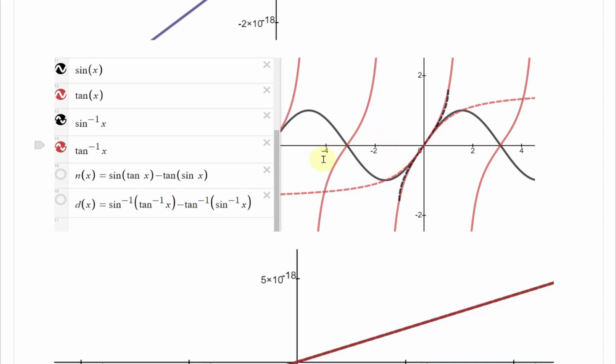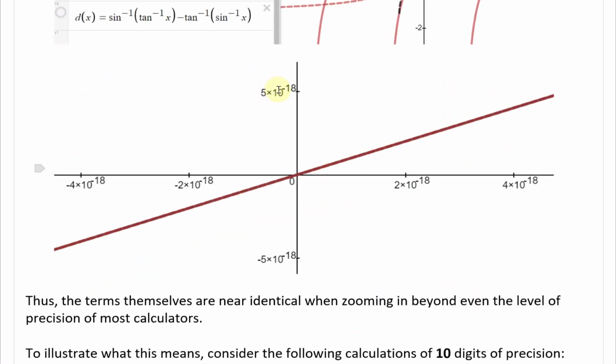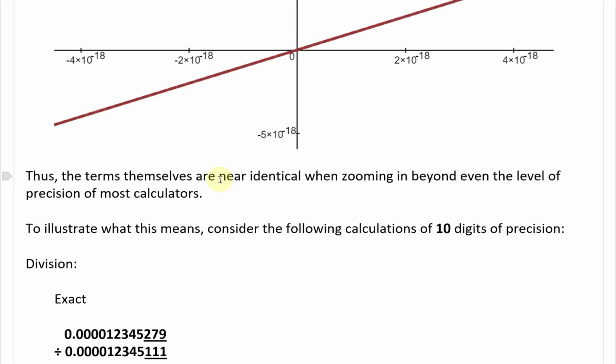And then the dashed red line is the inverse tan of x, goes like that. Again, they're all very, very similar at x equals 0. The black one is the sine of x, and the dashed black one is the inverse sine of x, exactly like our graph. And if you zoom into 10 to the negative 18, they all look exactly the same. Thus, the terms themselves are near identical when zooming in beyond even the level of precision of most calculators.